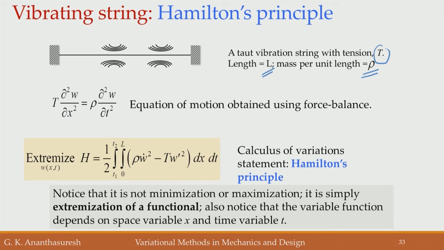Then the dynamic equation which is shown here basically comes by equating the forces that are acting when this is vibrating. It is free vibration, but there is going to be inertia force, that is rho W double dot.